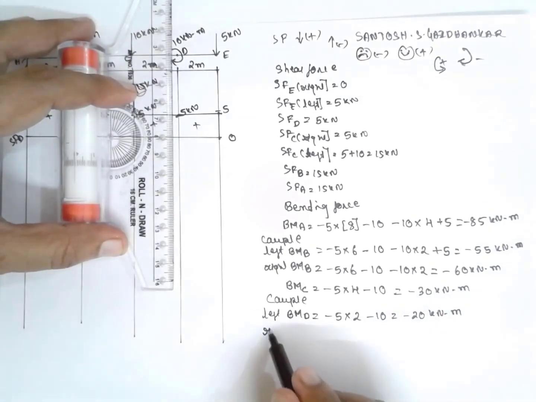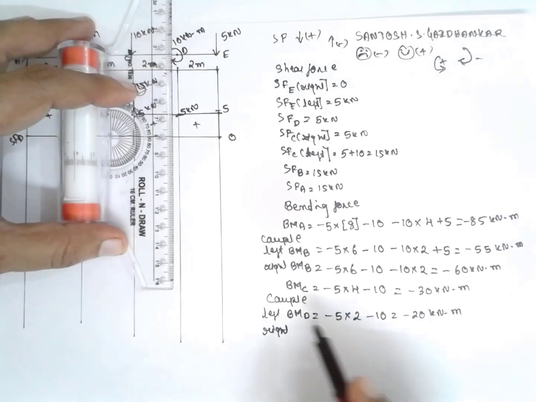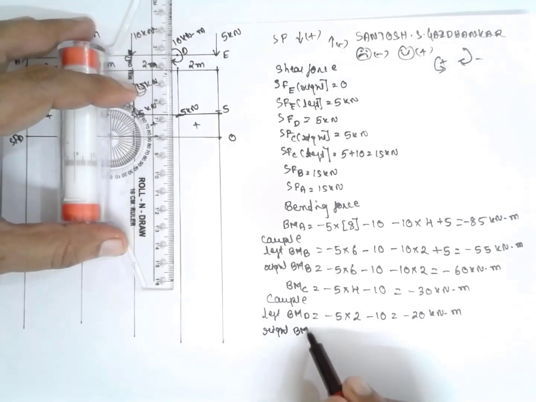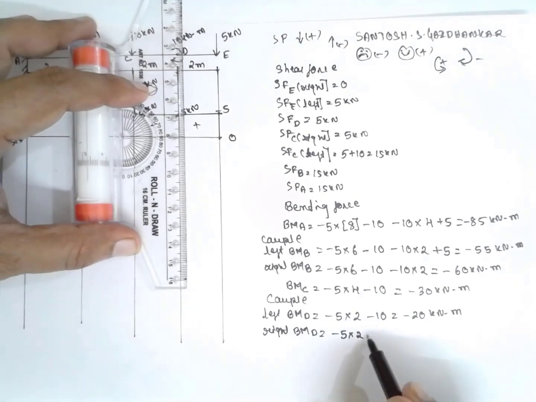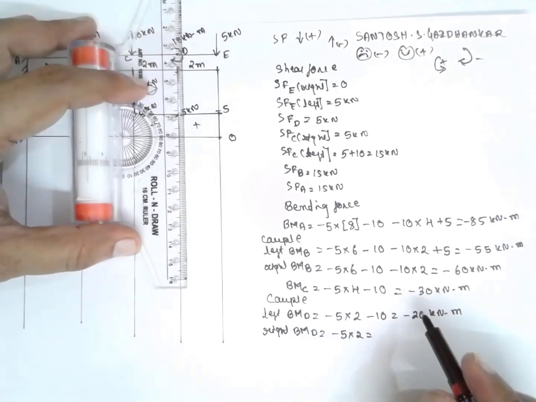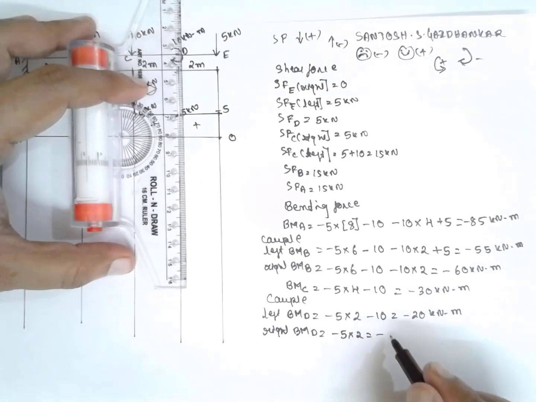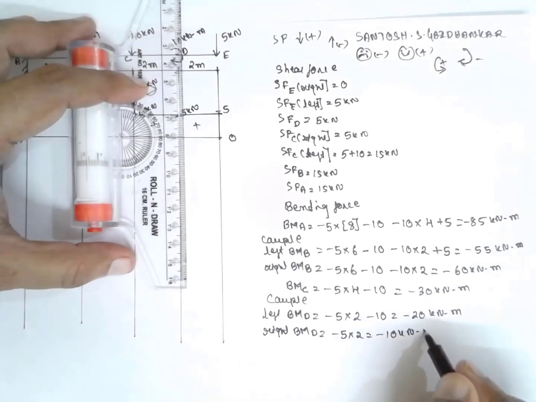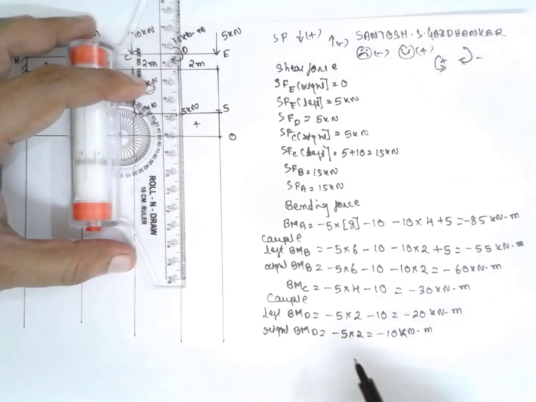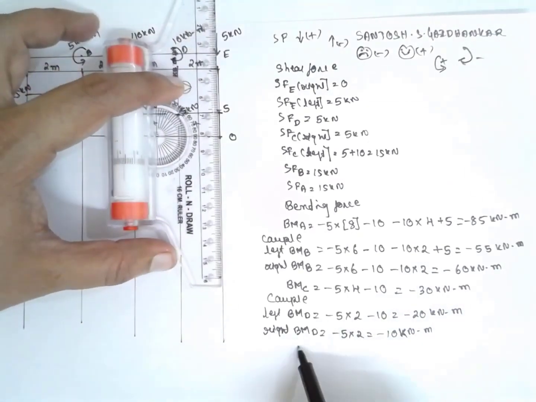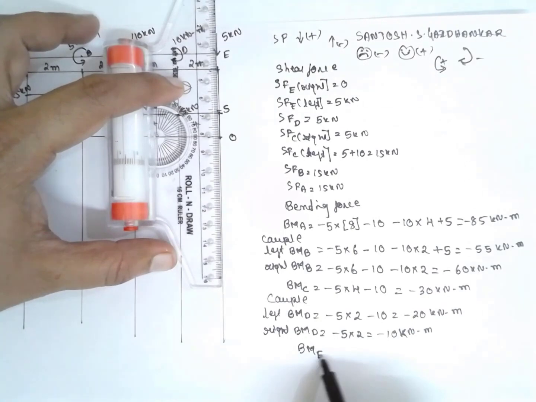Right: BM at D, that is minus 5 into 2, it is minus 10 kilonewton meter, and bending moment at E will be 0.